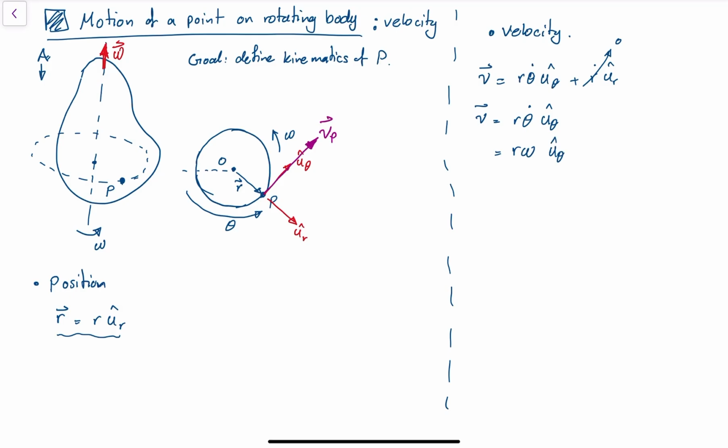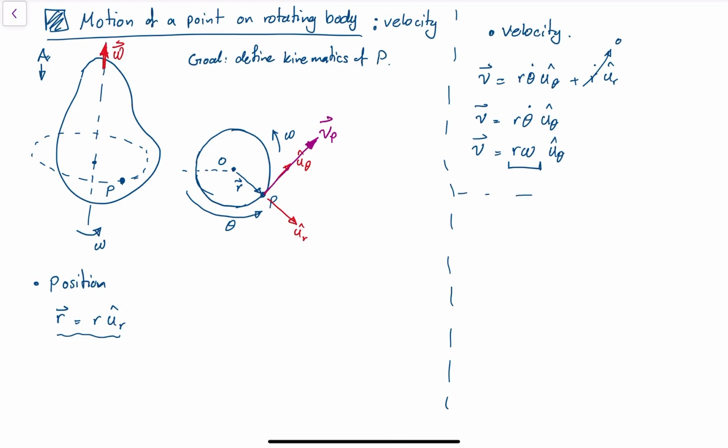You know its direction, you know its magnitude, very well defined. What I want to emphasize here is that the magnitude of it is r omega, r theta dot. And we always know velocity is tangent to the path, so we are in a very good position to have everything defined.